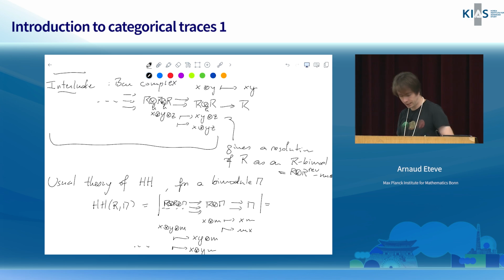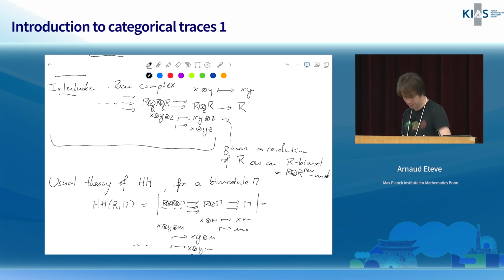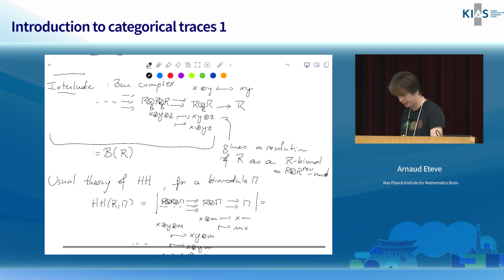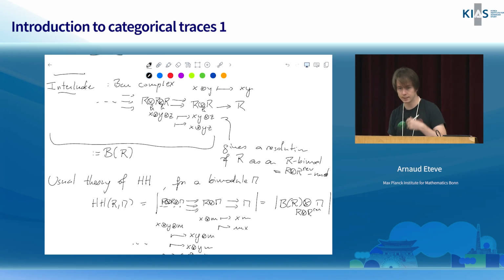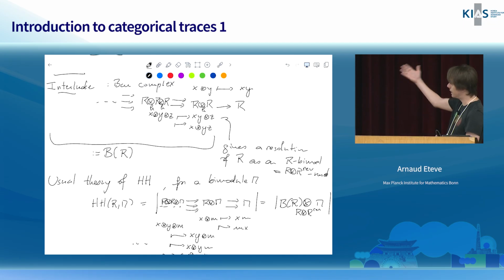And maybe let me give a name to this thing: the bar complex of R. It's the same as B of R tensor over R tensor R rev with M. And it just recovers some very classical constructions, right?